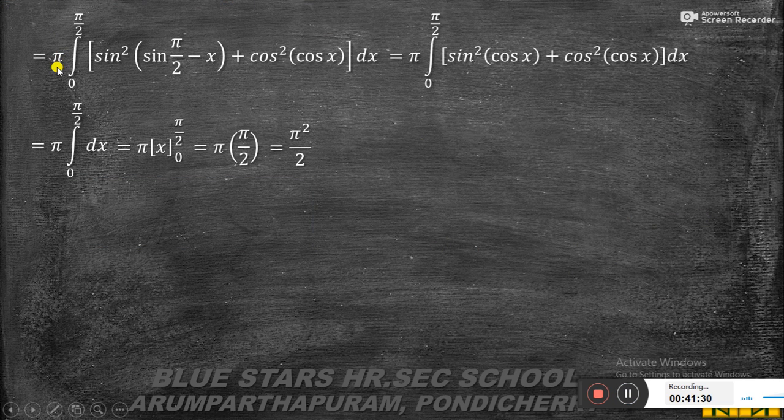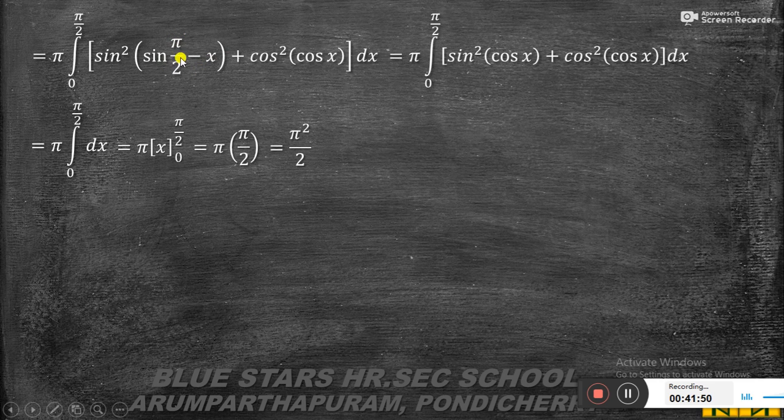So therefore pi into integral 0 to pi by 2 sine square of sine of pi by 2 minus x plus, now in this function only I substitute x equal to pi by 2 minus x. The second term, cos square of cos x, we take as it is, there is no change. In the first term only I substitute x equal to pi by 2 minus x.